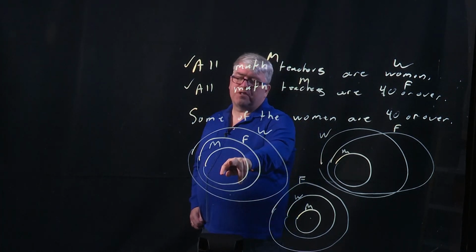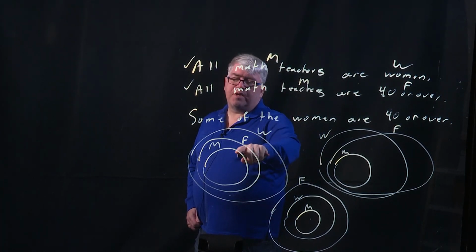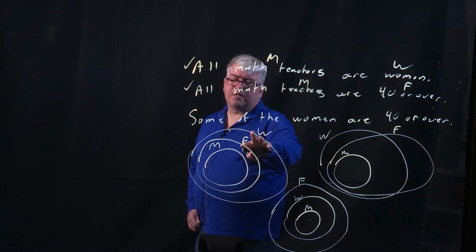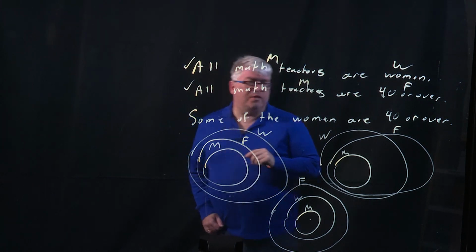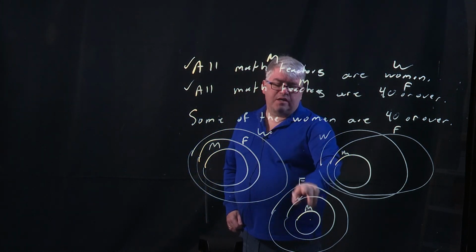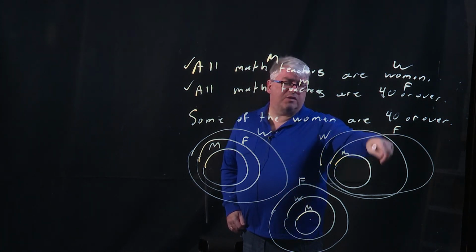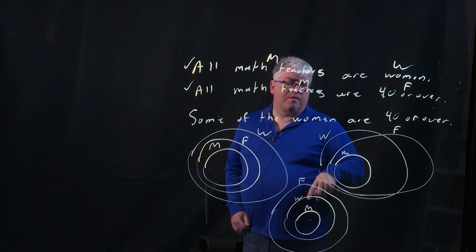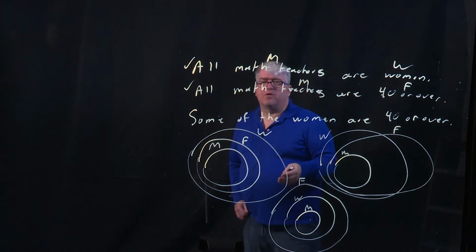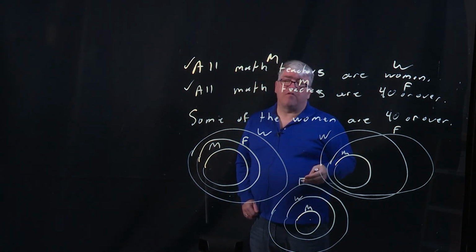F has to encompass the M, so F might still be sitting all the way inside of W, it might be that W is inside of F, or it might be that there is some kind of an overlap. And I think those were the only possibilities. So I've accounted for everything.